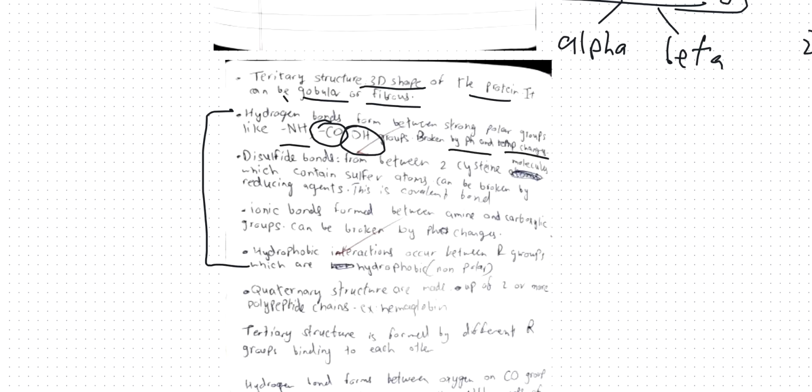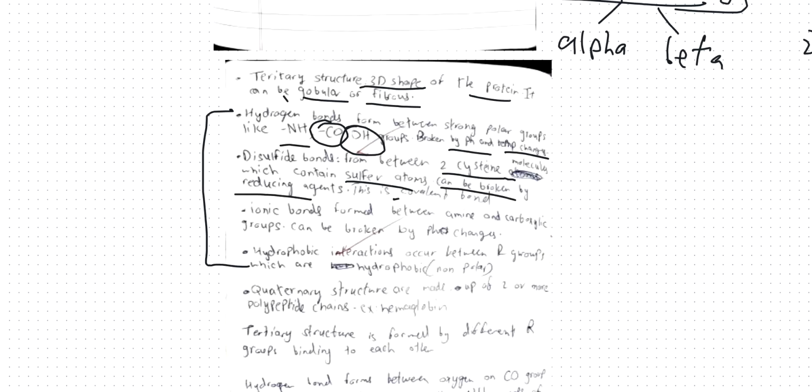Disulfide bonds are the second type. They are basically between 2 cysteine molecules which contain sulfur atoms, and they can be broken by reducing agents. This is a covalent bond.